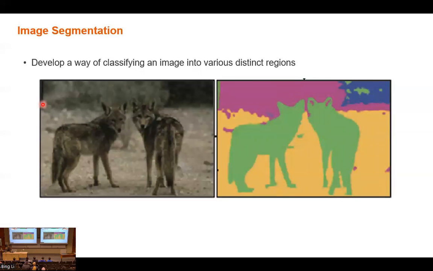For those not familiar with the term, image segmentation is a way of classifying an image into various distinct regions. Here, the original image on the left has been segmented into 4 distinct regions on the right. You can see a distinct region for the wolves, another for the ground, the third for the bush, and lastly for the mountains.